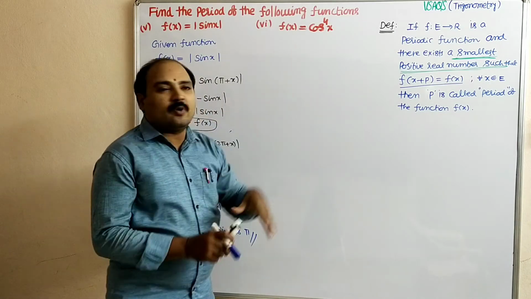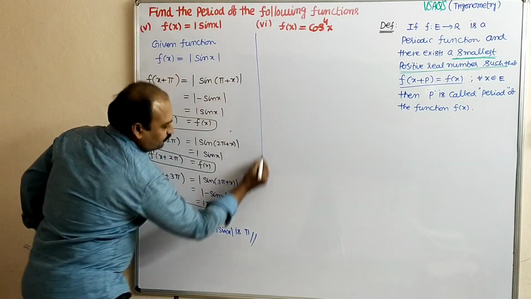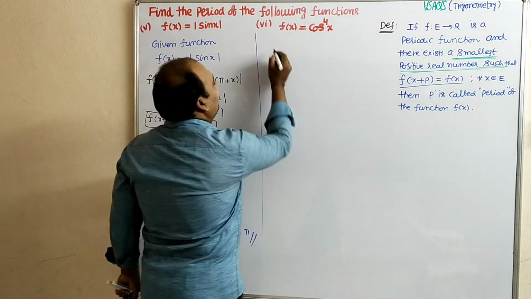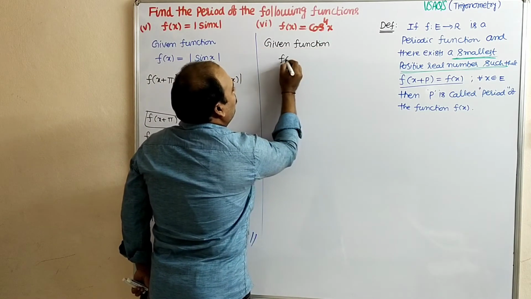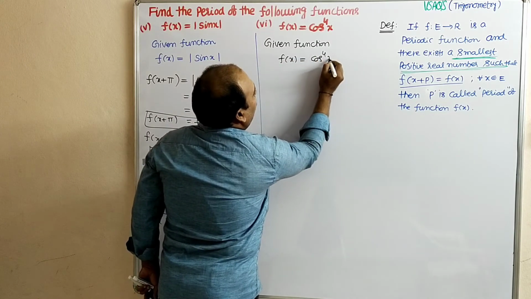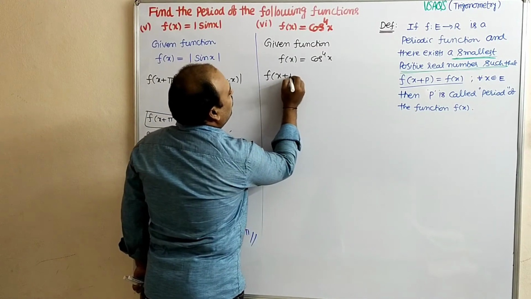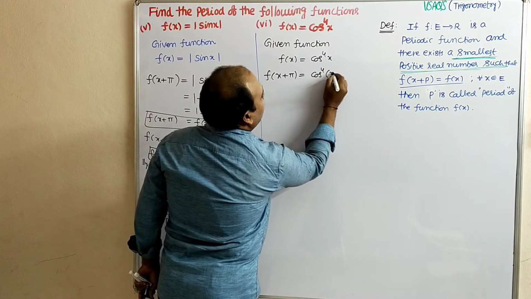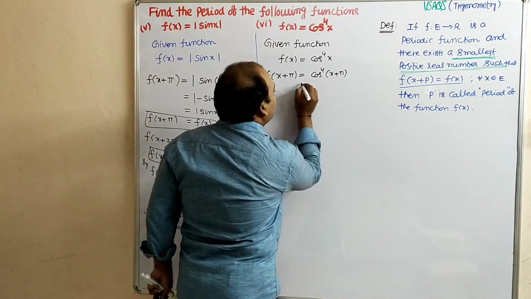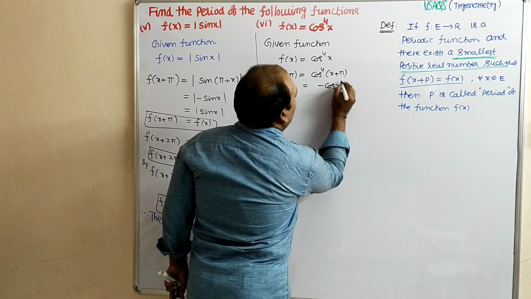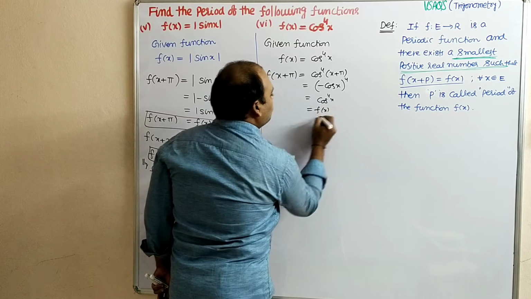Come to cos power 4x. This category of question is also the same. Consider the given function f of x equal to cos power 4x. Here also we verify f of x plus pi: cos power 4 of pi plus x. Cos of pi plus theta is minus cos theta, and minus cos theta to an even power gives minus cos x whole power 4, which equals cos power 4x, which is equal to f of x.